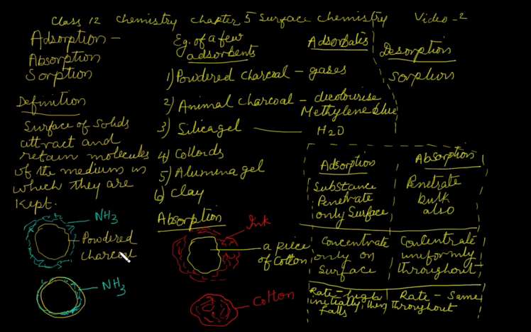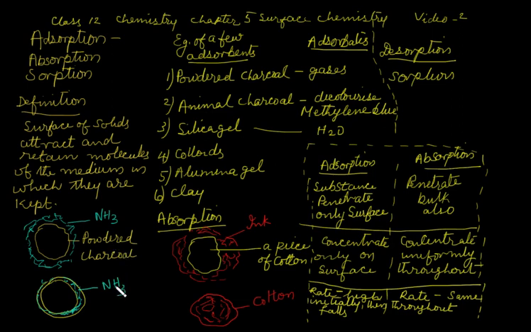This is powdered charcoal and it is kept in a medium containing ammonia. I have used another color here only to differentiate the boundary of charcoal and the presence of ammonia. Now, after keeping this for some time in this medium, if the powdered charcoal piece is taken out, we find that the ammonia sticks to the surface or the interface of the powdered charcoal.